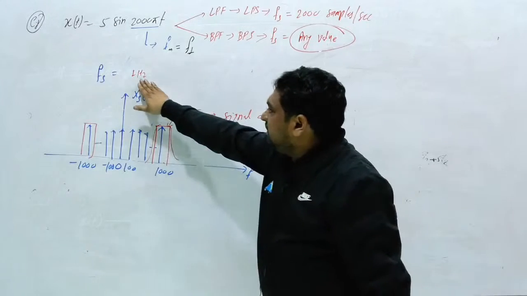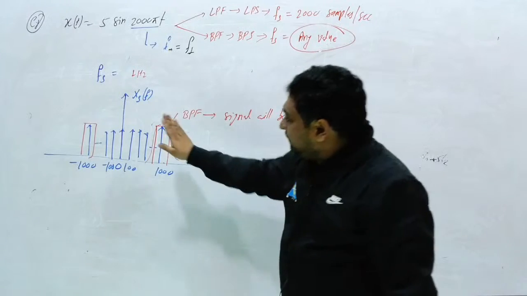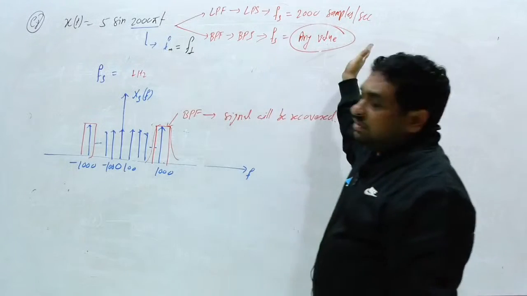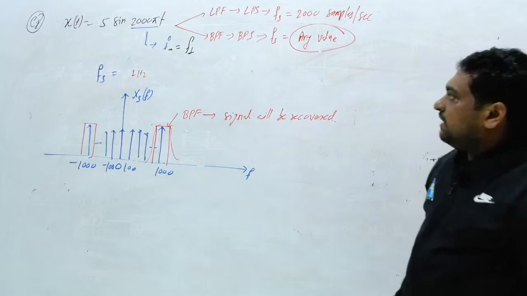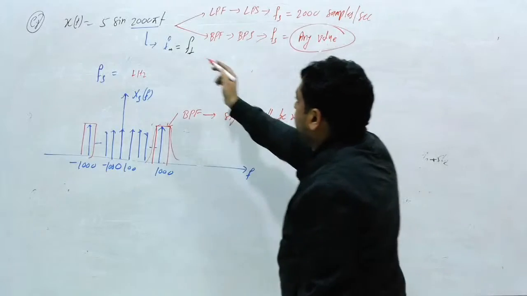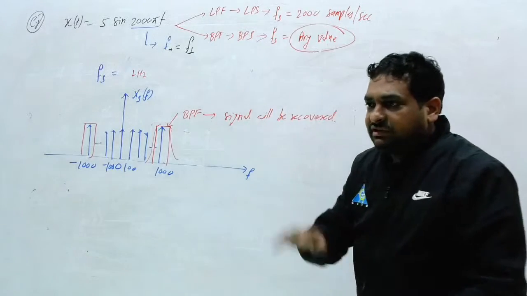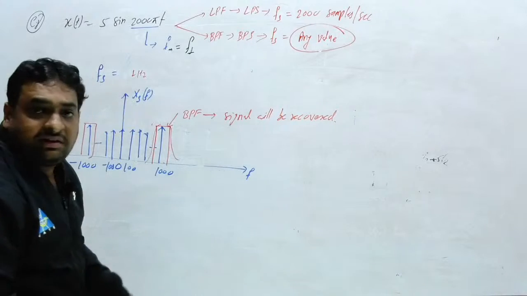Here I am saying the minimum is, suppose, 50 samples per second. Then signal reconstruction or recovery is possible. Getting this? This is a very important thing. Just confirm that this is clear.